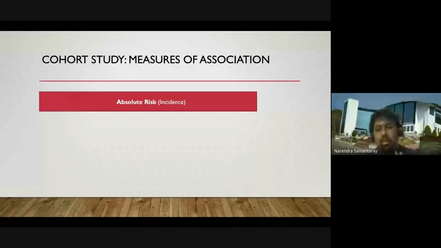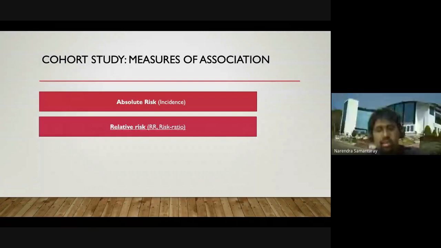Secondly, the term relative risk. Mostly when we do cohort studies, we give more emphasis to finding the relative risk. What is the relative risk? It is also known as the risk ratio, a ratio between two absolute risks.